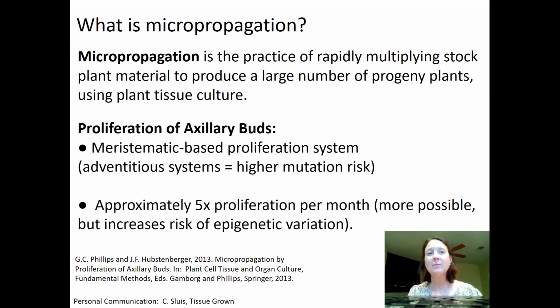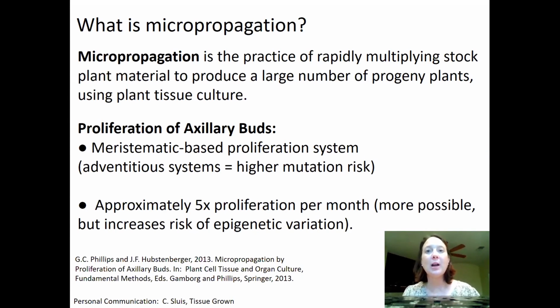Within the pistachio system, we tend to use proliferation of axillary buds. That's propagating off of already formed or preformed meristematic tissue. This is different than the use of adventitious systems where there's a higher mutation rate. So that's one reason why the axillary bud technique is beneficial.